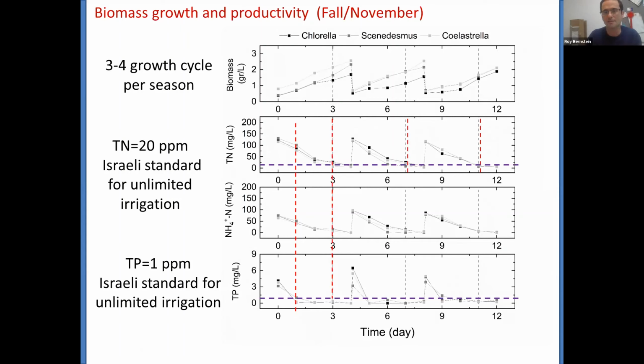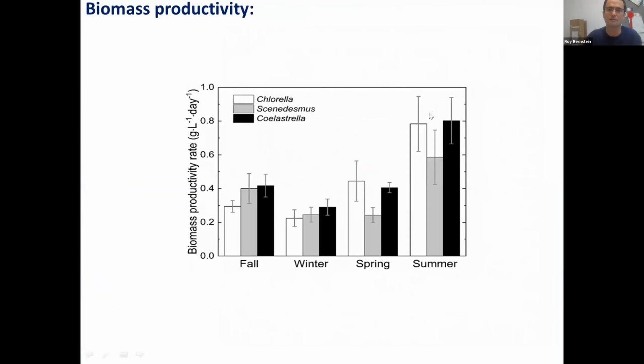The second thing is that TN was consumed slower, and based on the TN concentration, we determined the cycle for the calculation of the uptakes. For the fall, it was approximately 3 days. Again, for all algae, it was relatively similar. Based on these graphs, we could calculate the biomass growth rate, biomass productivity, and TN uptakes.